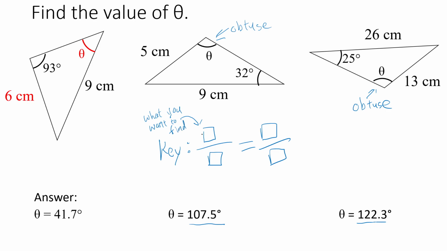You put it down here. Then the rest is just bring the denominator over and it becomes times, and inverse sine if it's an angle. That's all. Very simple.